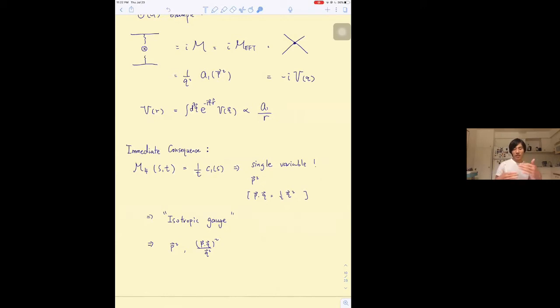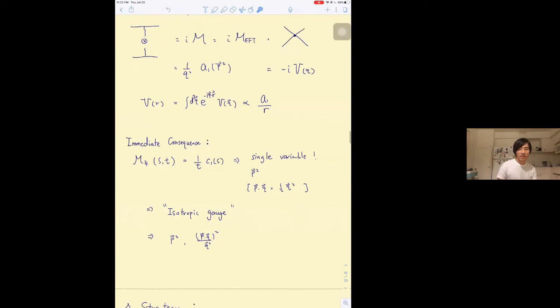So from these 3D kinematics, you can also see that this coefficient is controlled by a single parameter. This is one argument, but from the classical GR point of view, this is not at all obvious. If you look up the literature, you'll find that the potential usually depends on 2 parameters, this P squared and also this P dot Q over Q squared. Of course, for the on-shell condition, we can simplify this as a number.